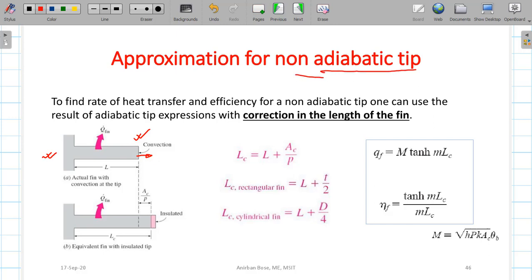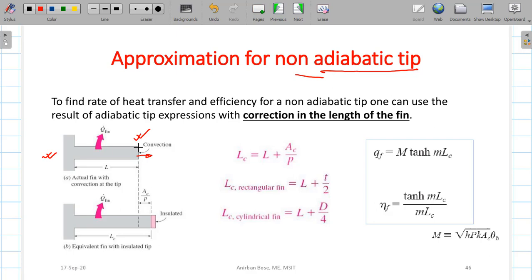Why do we want to use the adiabatic tip condition? Because the expressions are very simple in the case of adiabatic tip condition. If you remember the last expression for the heat transfer, you can easily find out the efficiency, so that is why. So how can you approximate the non-adiabatic tip to adiabatic tip?